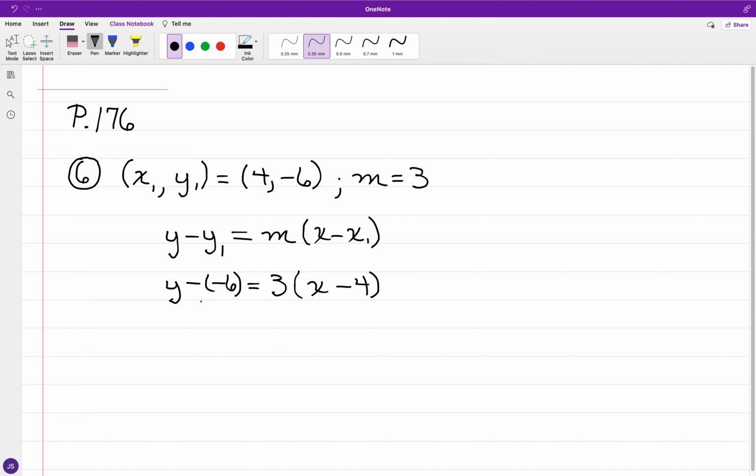Undoing the double negative on the left, we have y plus 6 equals 3 times the quantity of x minus 4. At this stage, we have the point-slope equation for that particular line.